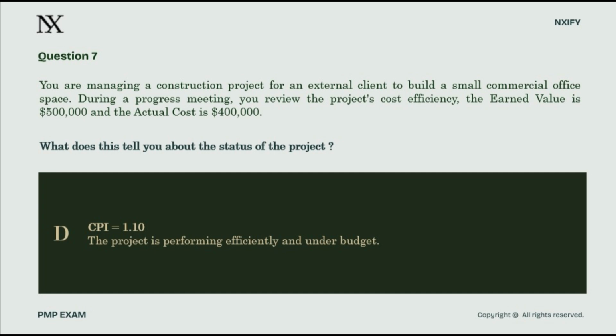It lands at 1.25. Close is not correct. On the PMP exam, a number that is almost right is the same as a number that is completely wrong. Option D is eliminated, and with 3 doors now closed, only one remains open.